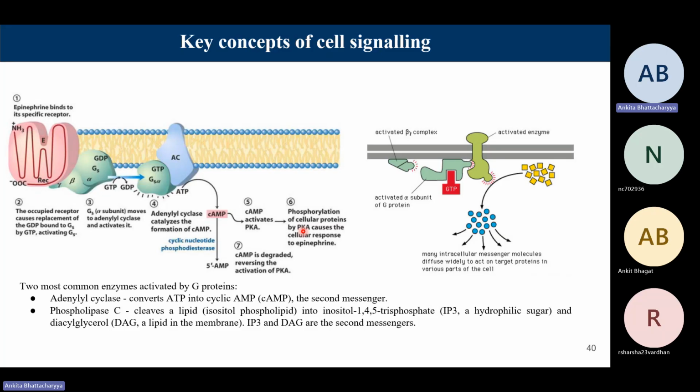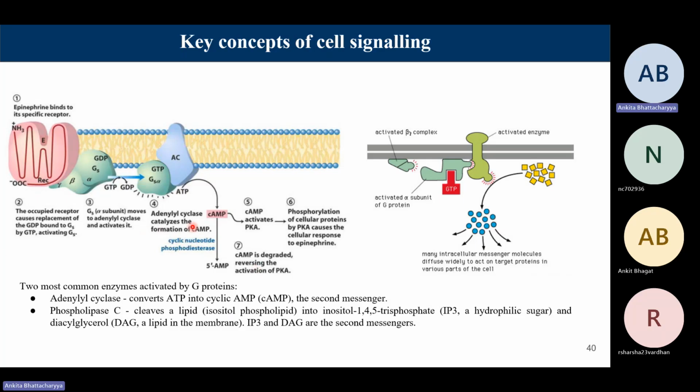However, a negative check or regulatory control is put on this process by the enzyme known as cyclic nucleotide phosphodiesterase. Phosphodiesterase is cleaving that cyclic AMP molecule and linearizing it to generate 5' AMP. But then that is again available for cyclization by AC to generate more and more secondary messenger when required.